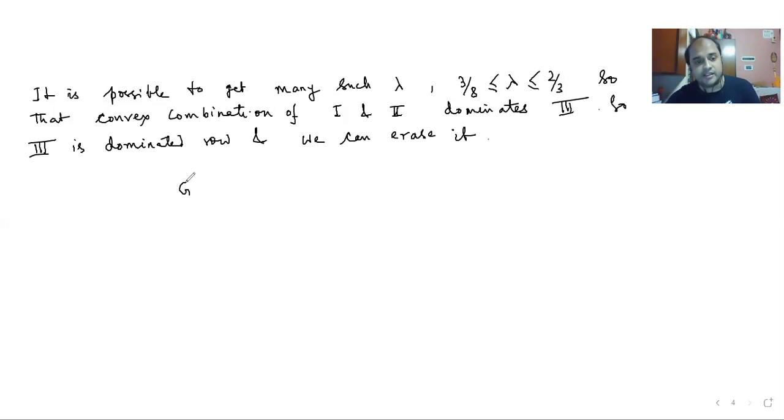So my new matrix becomes G prime double prime, and we are writing it with the two strategies 1 and 2, and B is having only 3 strategies 1, 2 prime and 3 prime.